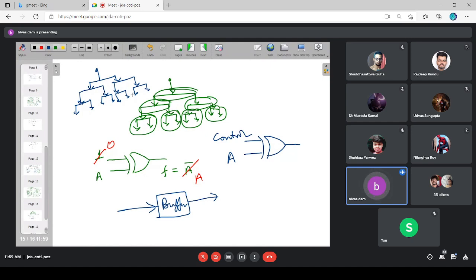Binary tree, basically, a tree means from a root or a stem you branch out, same thing. But here from one stem two branches are coming out. From those two branches, each of those two branches, two other branches are coming out. So that type of tree structure is called the binary tree structure.